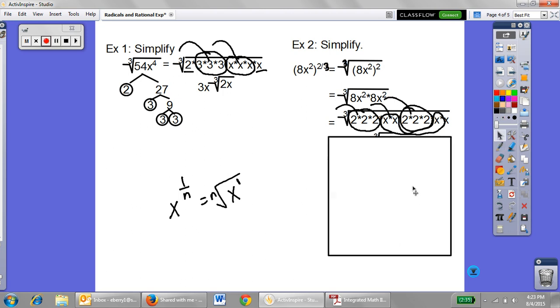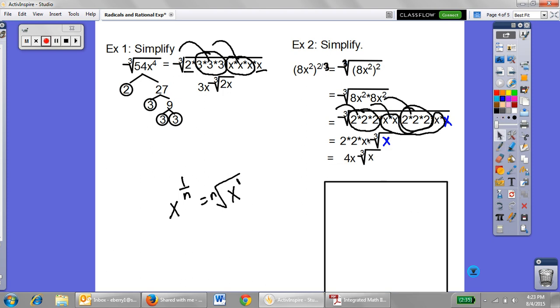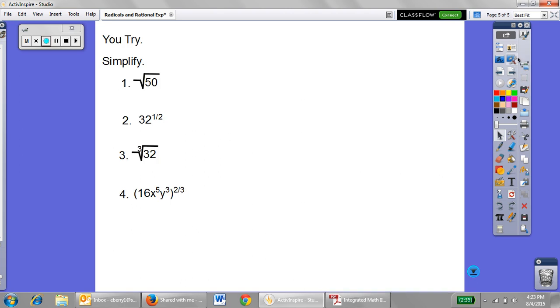So I bring a 2 to the outside, another 2, and then finally an x. The only thing that's left underneath the cube root sign is this x here, so it stays underneath. Finally, to simplify, you multiply, so 2 times 2 is 4. I still have the x, and then cube root x. That's your final answer. Okay, go ahead and try these ones at home, and then I'll see you guys in class tomorrow.